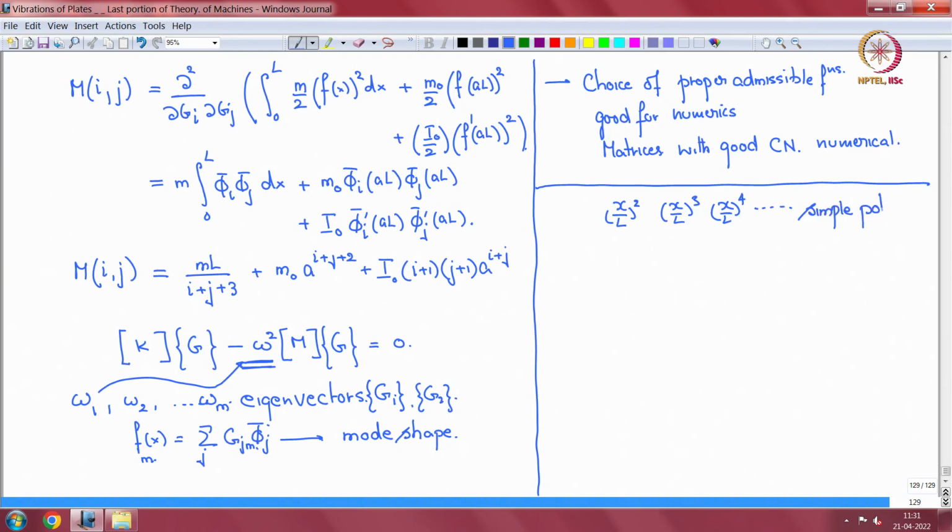Okay, they are very simple in the sense that you can integrate them and manipulate them easily in a numerical setup, but they do not provide nice matrices, good matrices for numerical calculations.